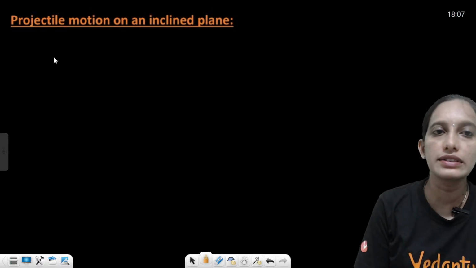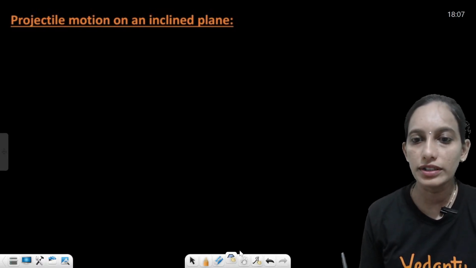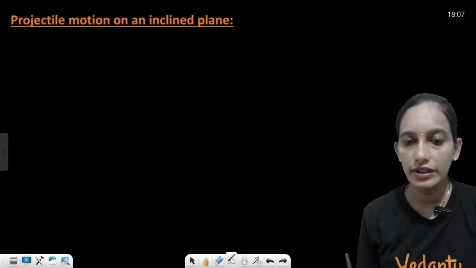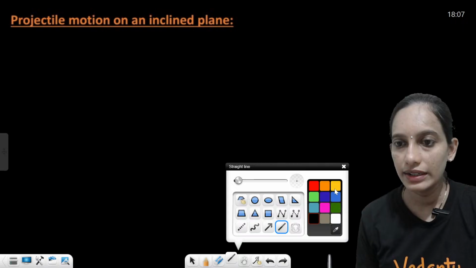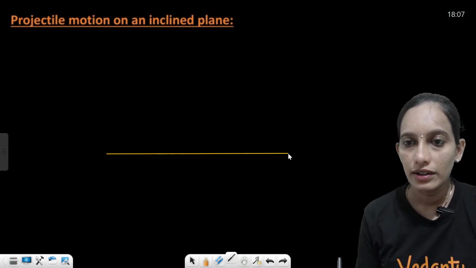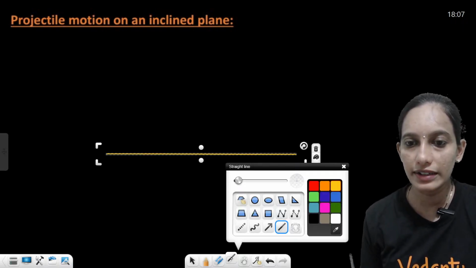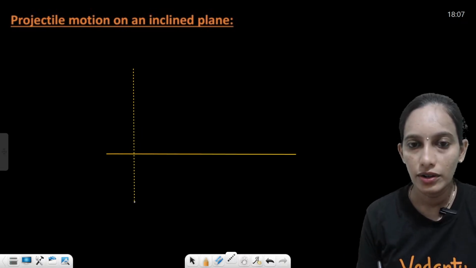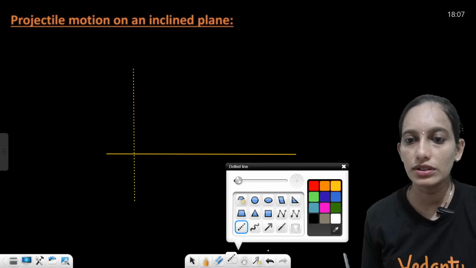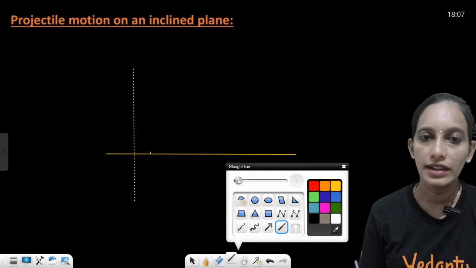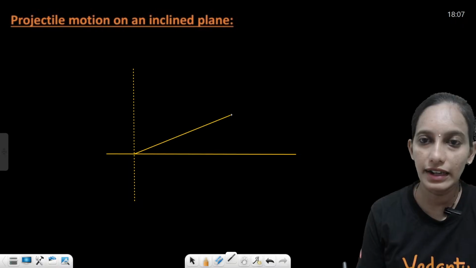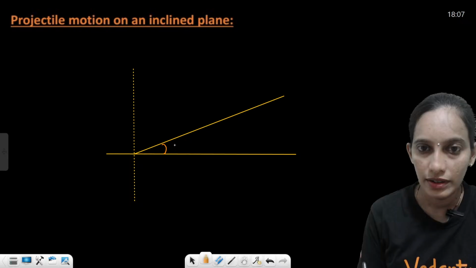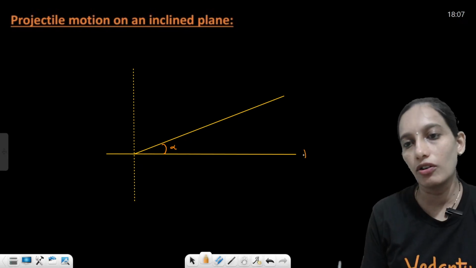What we were discussing with respect to projectile motion on an inclined plane, if you can recall: this is our horizontal reference line. Then we have our vertical reference line, as in our previous cases. And then we also had an inclined plane at an angle alpha with respect to the horizontal line.